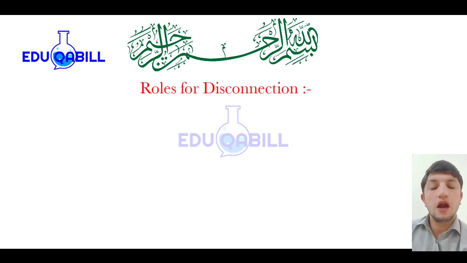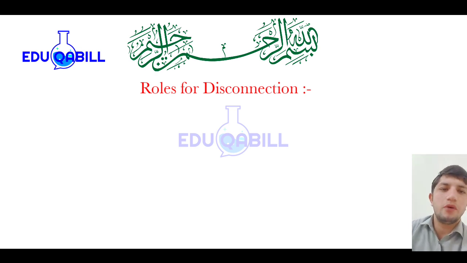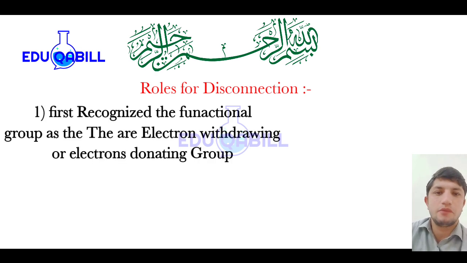Now we are going to discuss the important rules for disconnection. These rules are very important for disconnection and retrosynthesis. The first rule is to first recognize the functional group. It means the functional group might be an electron withdrawing or an electron donating group. Both have some effect on the compound, so we need to first recognize whether the functional group is electron withdrawing or electron donating.